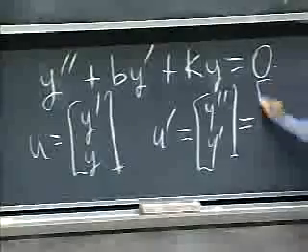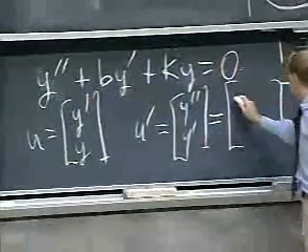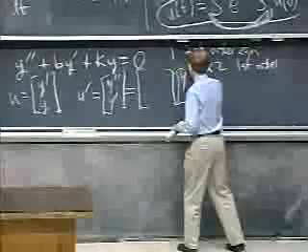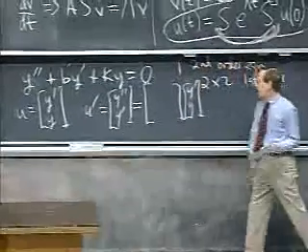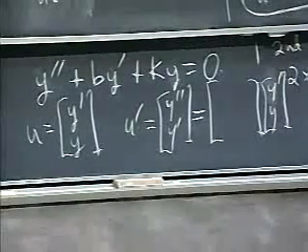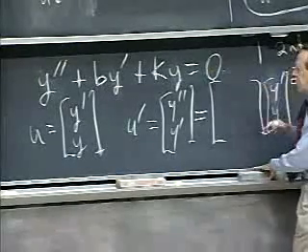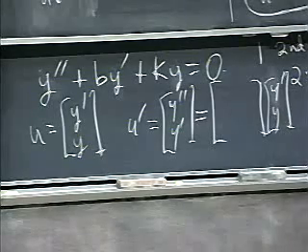Now the differential equation is telling me that y double prime is... I'm looking for the matrix A. What's the matrix in case I have a single second order equation and I want to make it into a 2 by 2 system? Okay, simple.